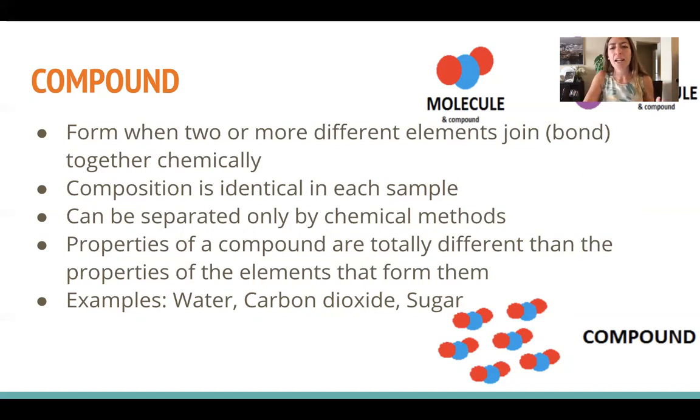So let's think, for example, water. So what's the composition of water? Who can tell me what makes up water? That's right, it's hydrogen and oxygen. So hydrogen and oxygen, 2 gases, and they become water. That's pretty different, right?